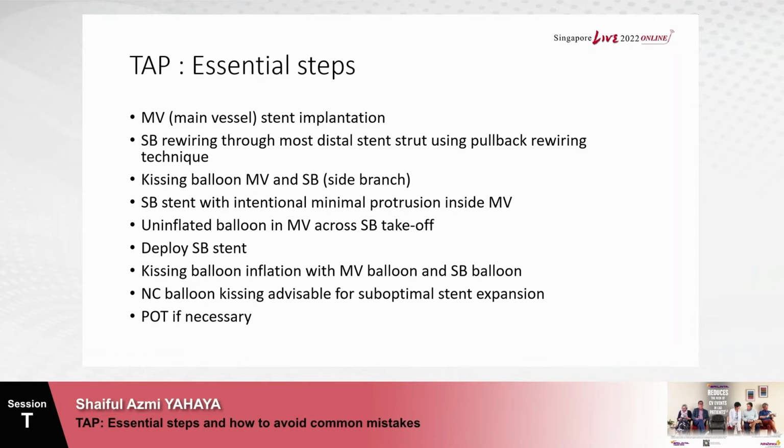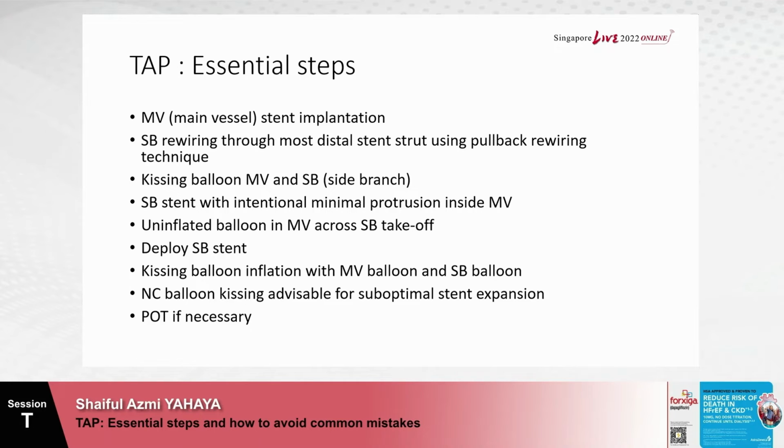So the steps would be main vessel stent implantation at first, rewiring of the side branch, and if you can, try to use the most distal strut using a pullback rewiring technique, and then you do a kissing balloon at the main vessel and the side branch.